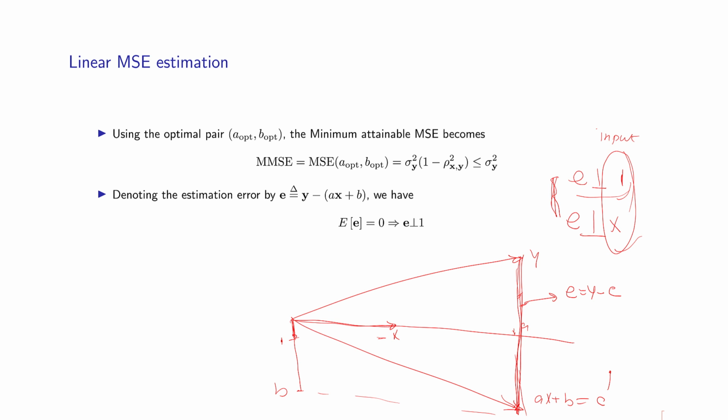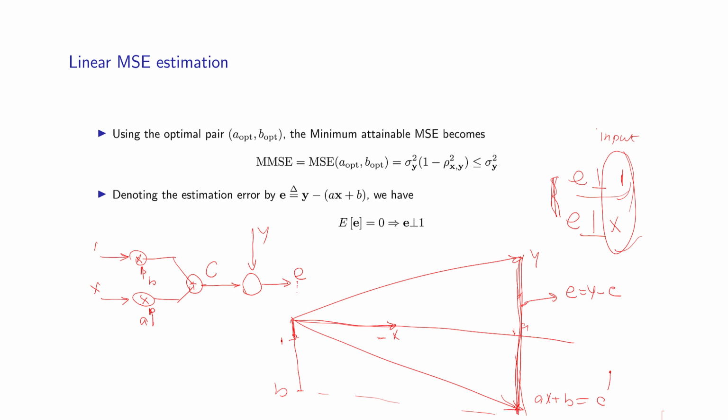So what we have is 1 and x as input, and you multiply these by a, and multiply these by b, and then add them together, and you obtain your estimator. Then you calculate the error between the true value y and the estimator.